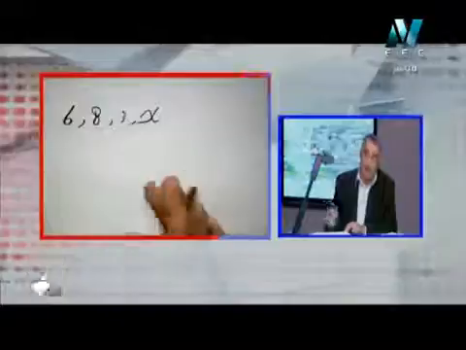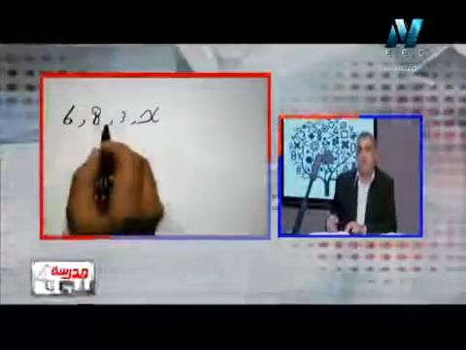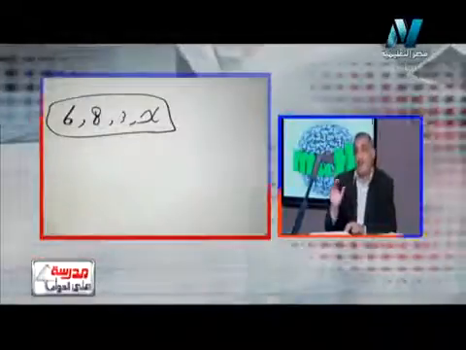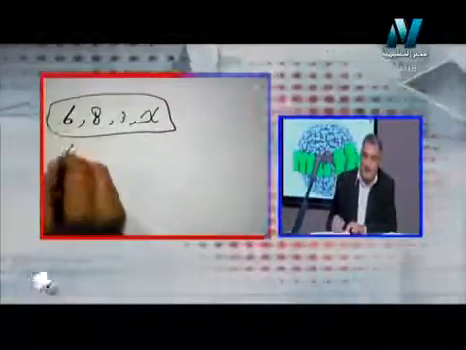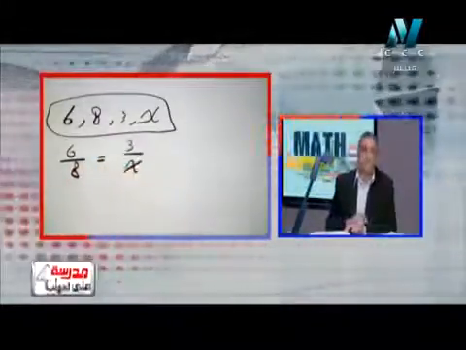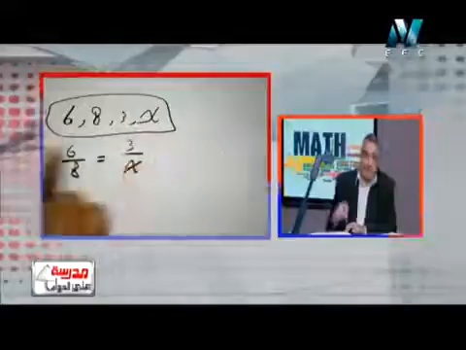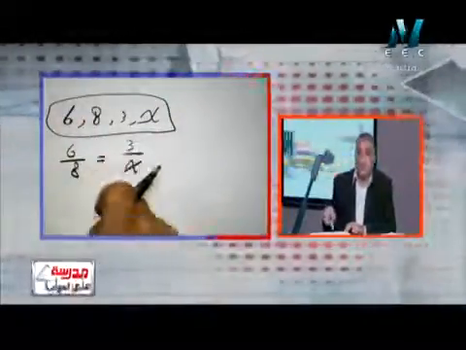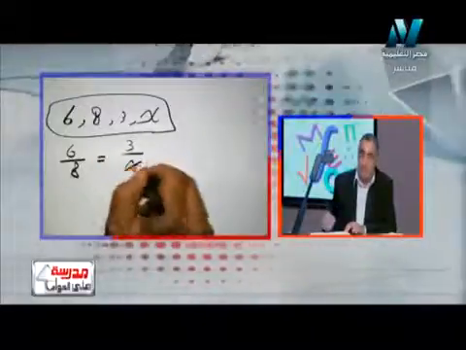We have to write them in fractional form: first over second equals third over fourth. It's a very important idea. We have to rewrite these numbers this way, using the fractional form. First, 6/8 equals what? 3 over x. The same order: first over second equals third over fourth.